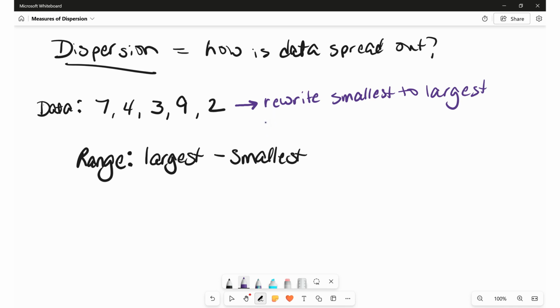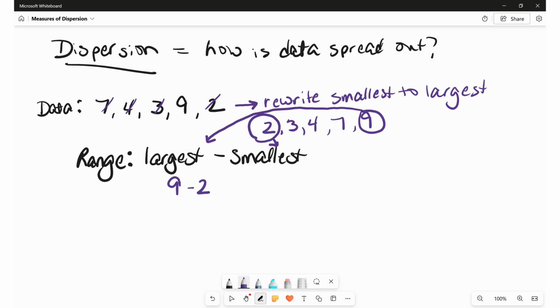So let's rewrite these. So we have 2, and then 3, and then 4, and then 7, and 9. And now you can see that 2 is the smallest, and 9 is the largest. So in order to find our range, we're going to say 9 minus 2, and that is the range.